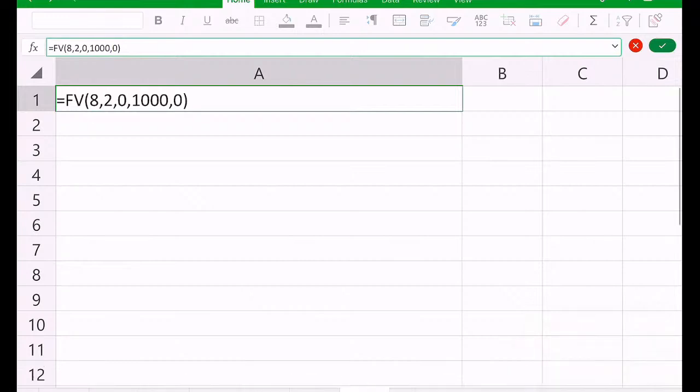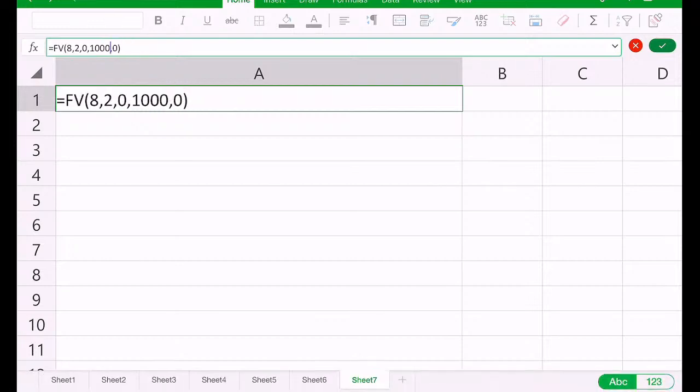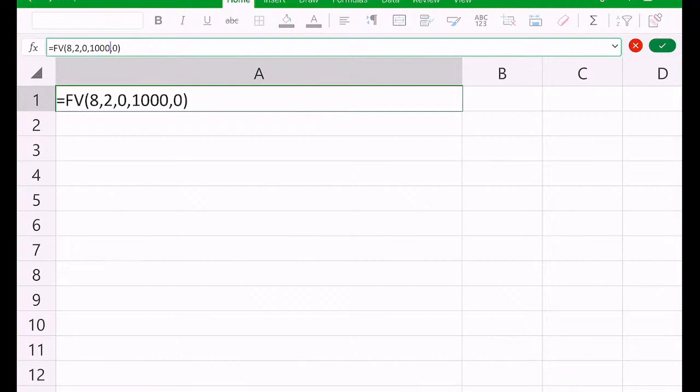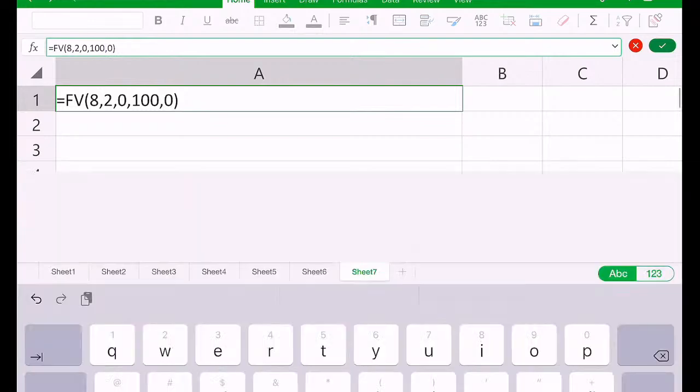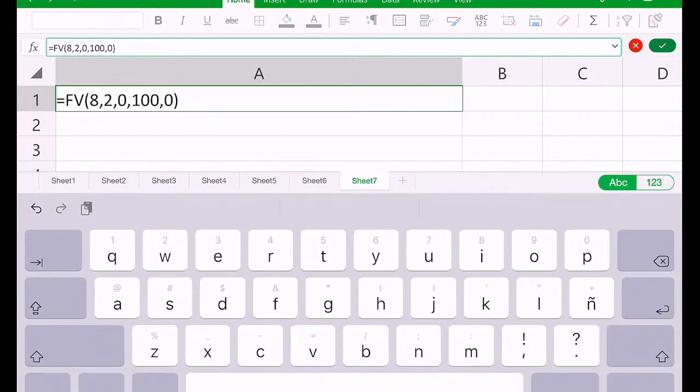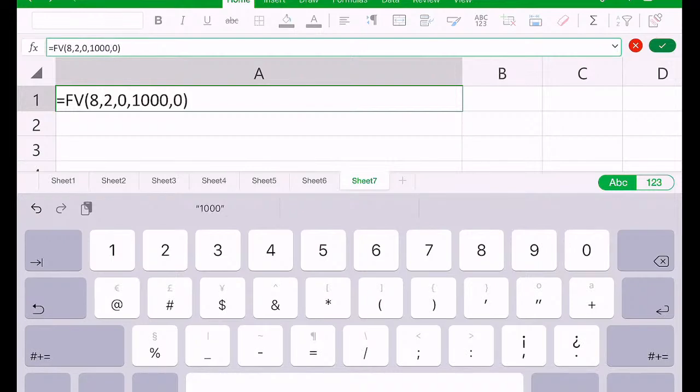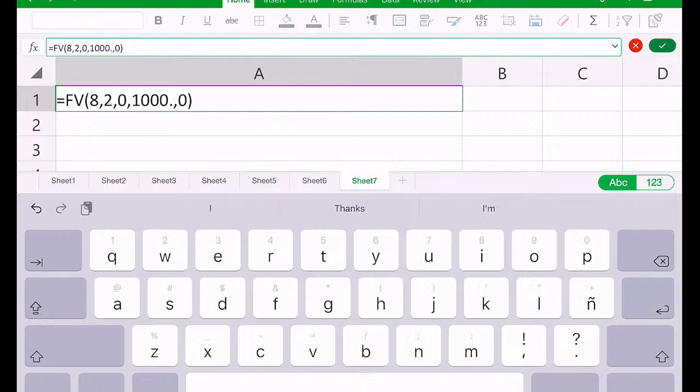I keep on making the same mistake. All right, let's see what happens if I use this keyboard. Yeah, my niece warned me about this Excel in iPad.